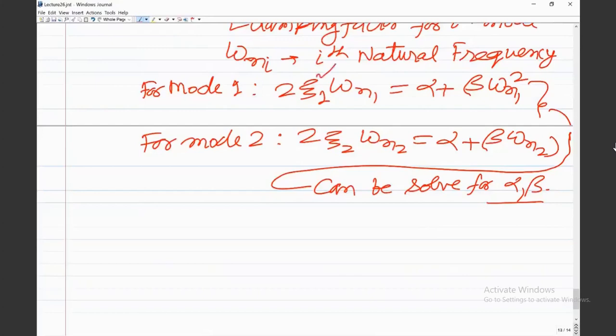But for xi 1 and xi 2, you have to depend on the experiments. These xi 1 and xi 2 are not the natural coordinates, but they are damping factors. So xi 1 is the damping factor in mode 1 and xi 2 is the damping factor in mode 2.